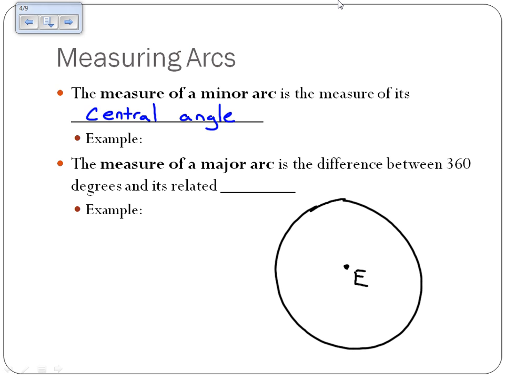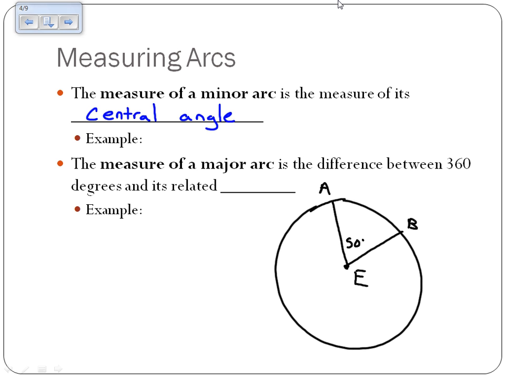So if we draw our central angle right here, we'll call this A and B. If my central angle is, let's say, that looks like 50 degrees to me, the measure of your arc then is the same as the measure of your central angle.